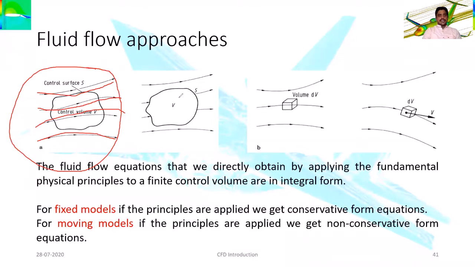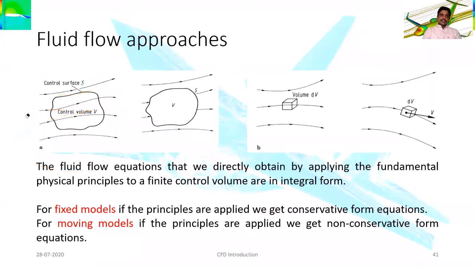Whereas in the second case, the control volume and the control surface are fixed. Only the fluid particles are entering and leaving. So that is the fixed and the moving approach.